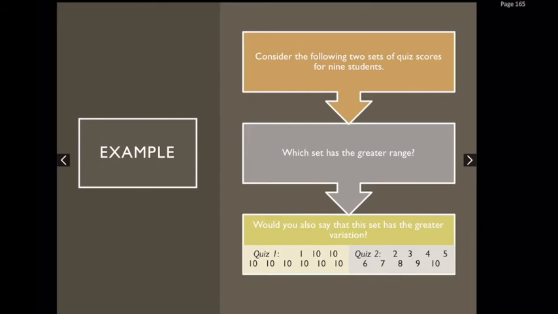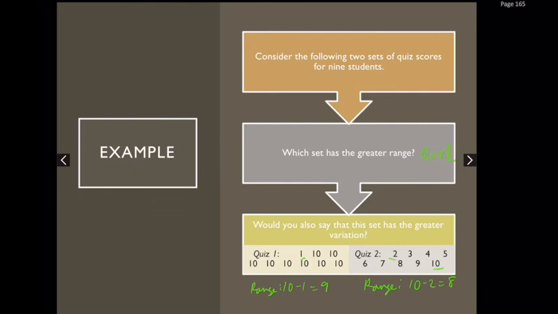I have quiz 1, where I got a score of 1 and then a whole bunch of 10s, and quiz 2, which is 2, 3, 4, 5, 6, 7, 8, 9, 10. Which set has the greater range? Quiz 1 has a range of 10 minus 1, so 9. The range of quiz 2 is 10 minus 2, so 8. So quiz 1 has the greater range.